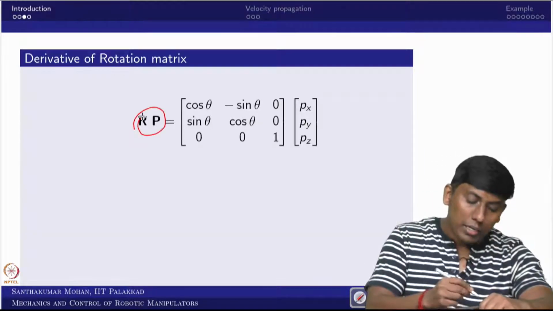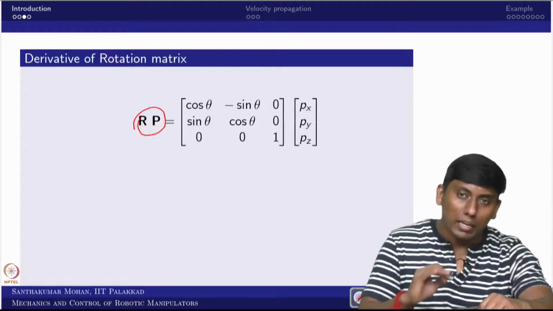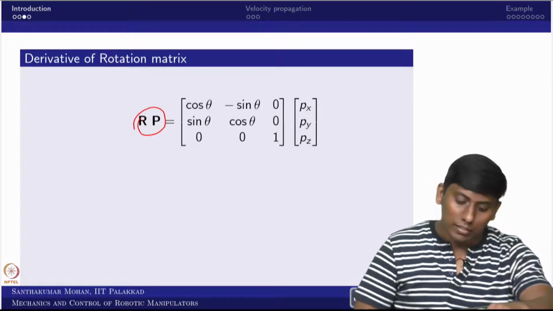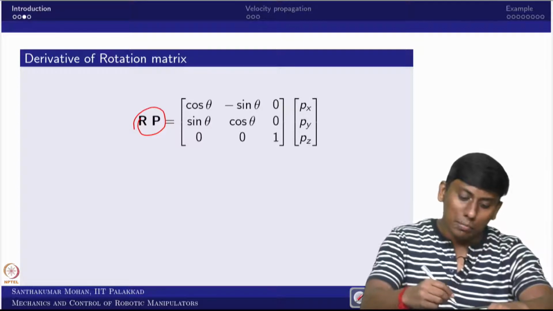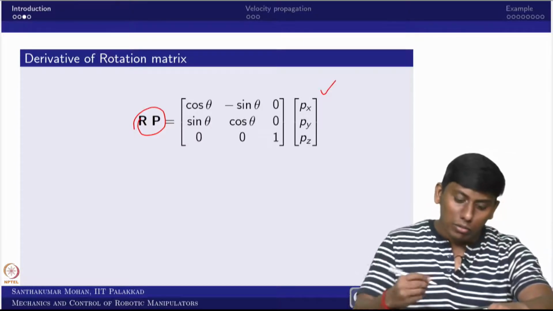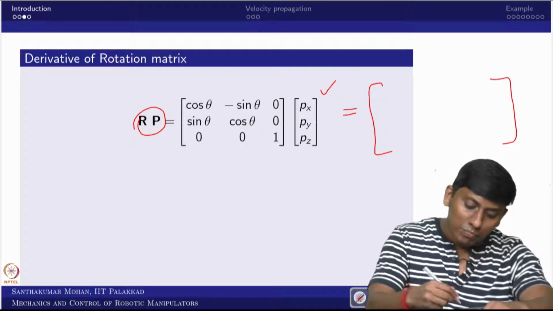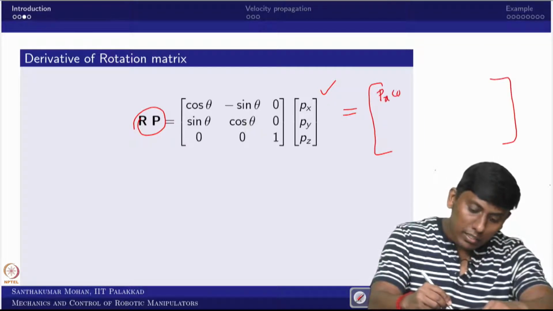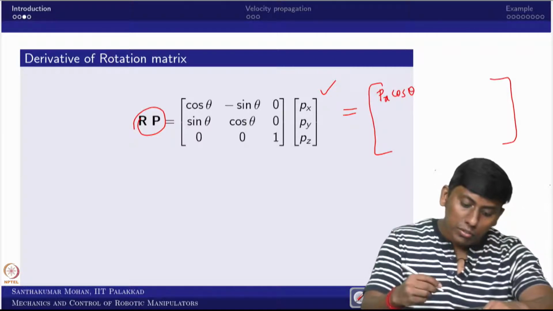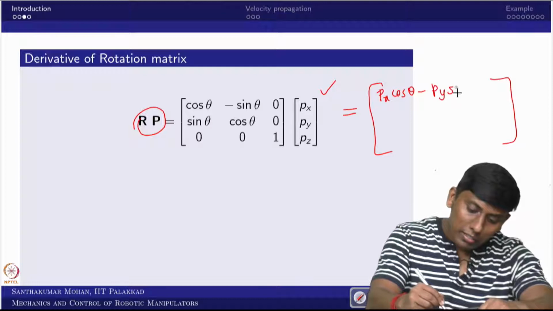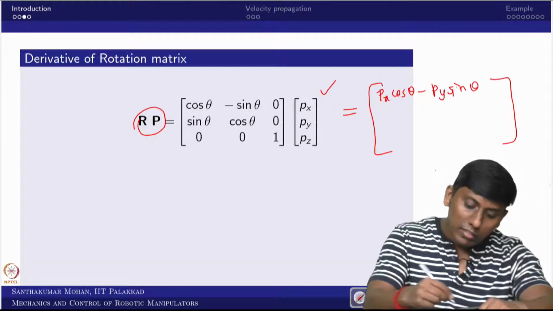So I know R and P, okay. I'm just taking a random R matrix which is rotated about the Z axis. So it has this form, and the position vector is like this. Now what is this equivalent to? So this is equivalent to Px cos theta minus Py sin theta as the first component.